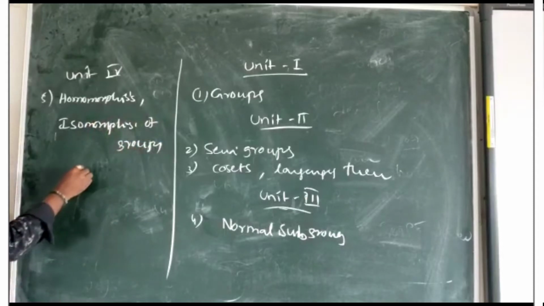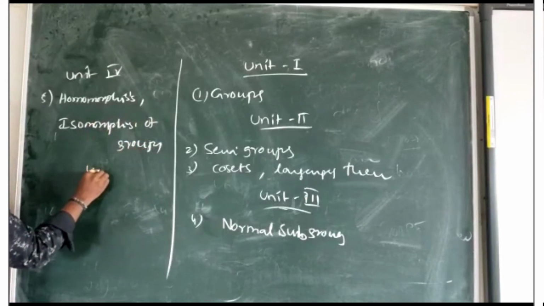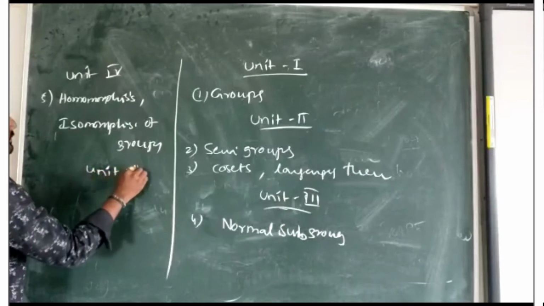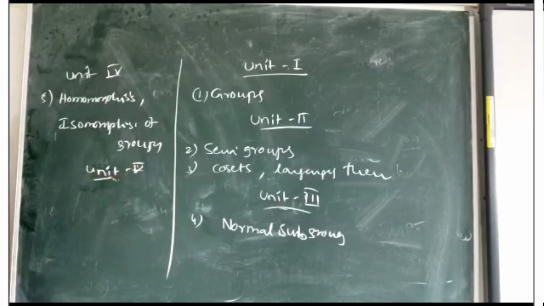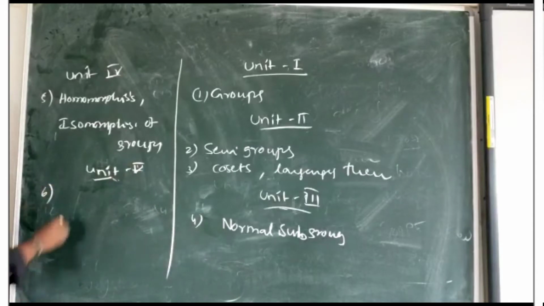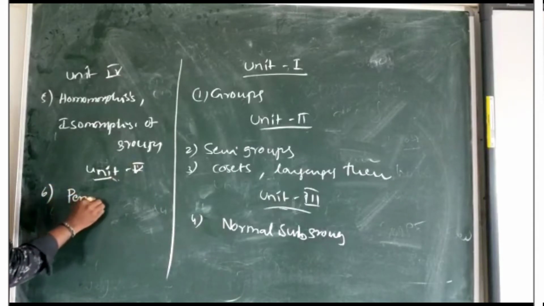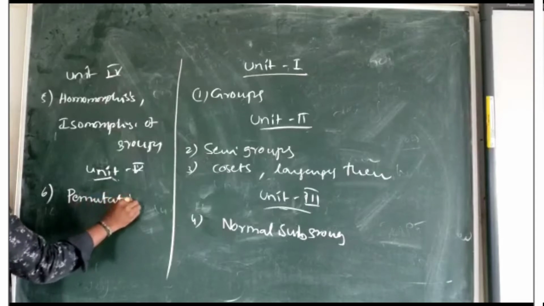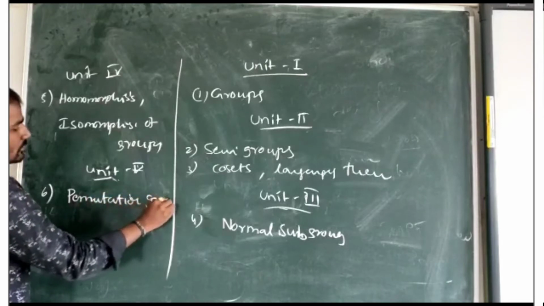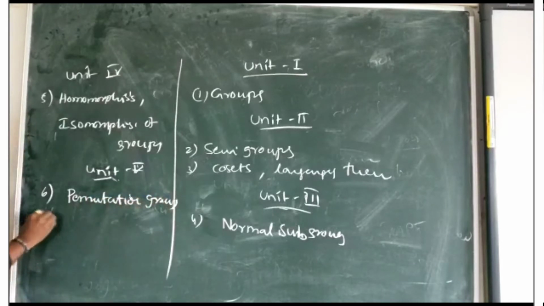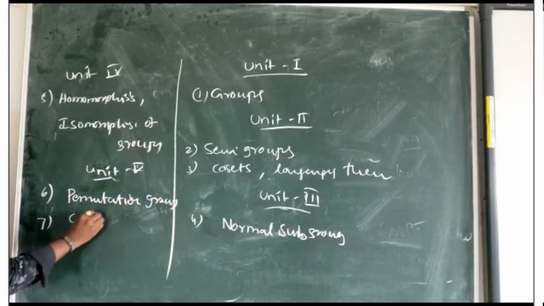Last unit, fifth one, sixth chapter, permutation groups and cyclic groups.